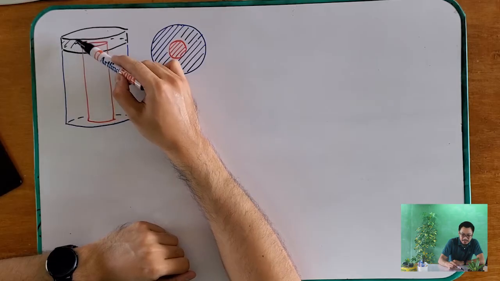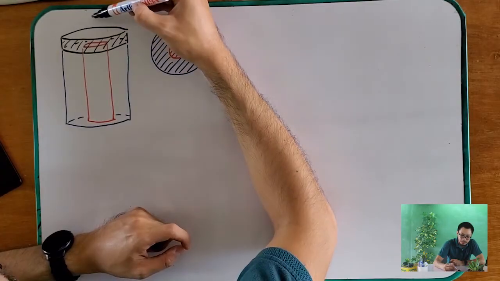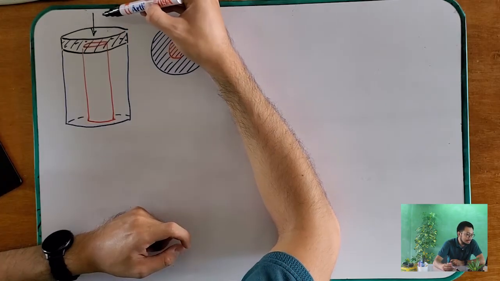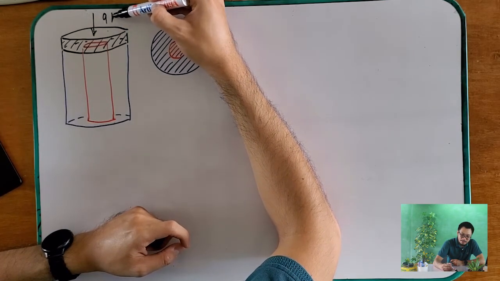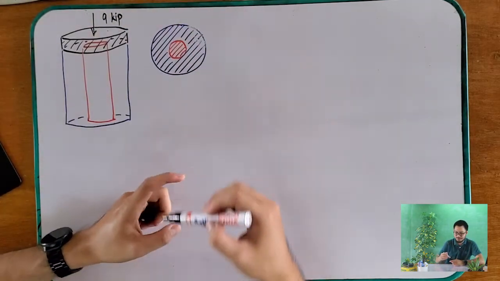Okay? And kani siya nga post, sa babaan nila gi-attach siya og kaning atong rigid nga plate. Okay? So rigid ni siya. And this rigid plate is subjected to 9 kilopounds of force. Okay?